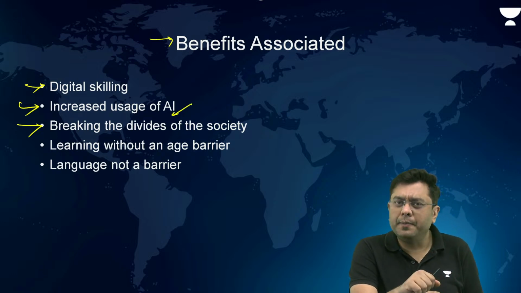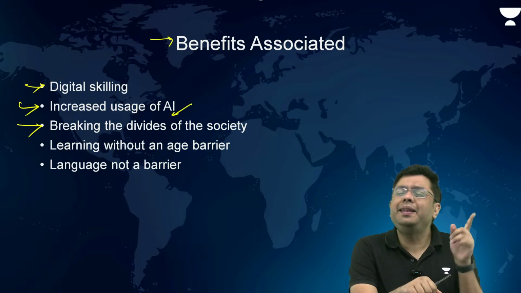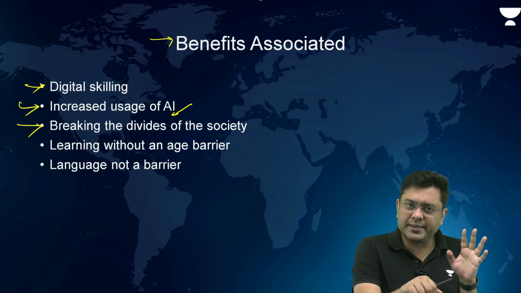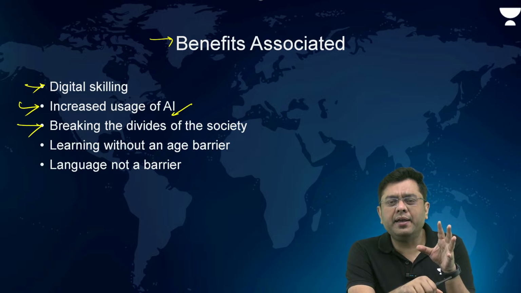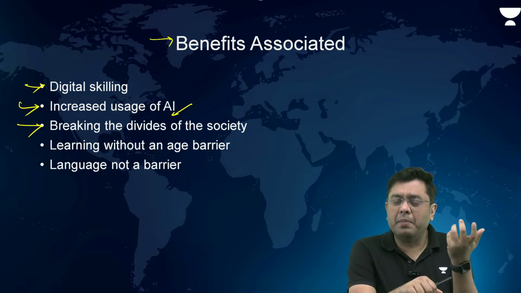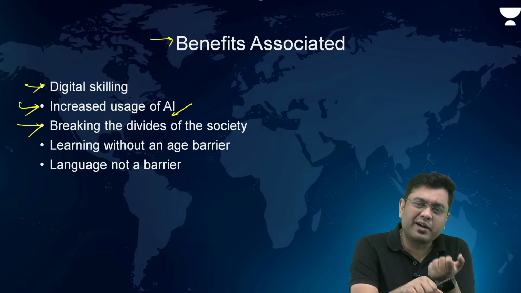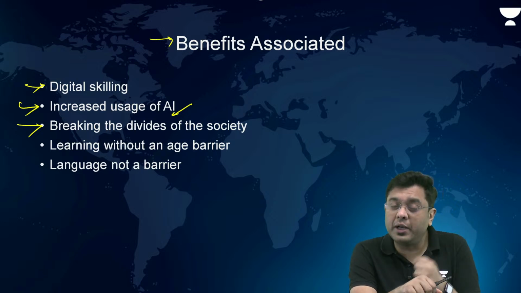For example, you would come across many instances, there are multiple case studies of various rural areas and semi-urban areas in states like Maharashtra, Bihar, Jharkhand, Odisha, Chhattisgarh, Uttar Pradesh.